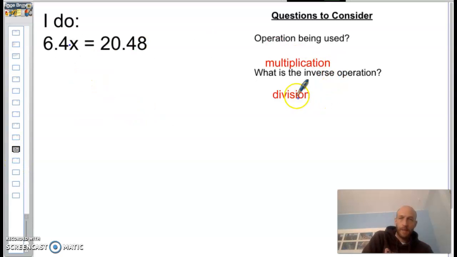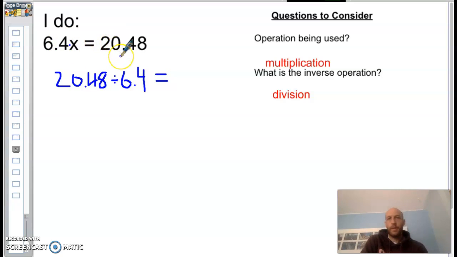All right, so we're going to use the opposite. We are going to use division. So 20.48 divided by 6.4 will tell us what number it is that when we multiply by 6.4, we get back to 20.48.